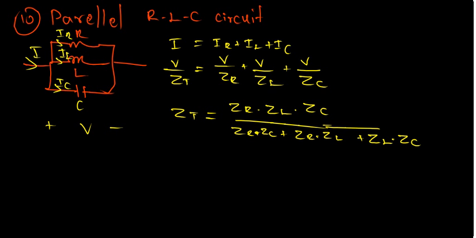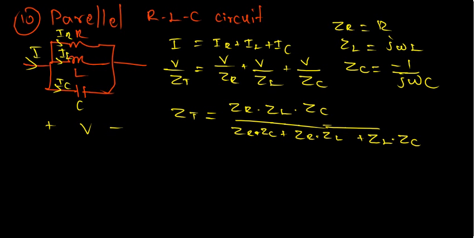This is the total impedance. We know that the impedance of the resistor is R, of the inductor is j omega L, and of the capacitor is minus 1 over j omega C.